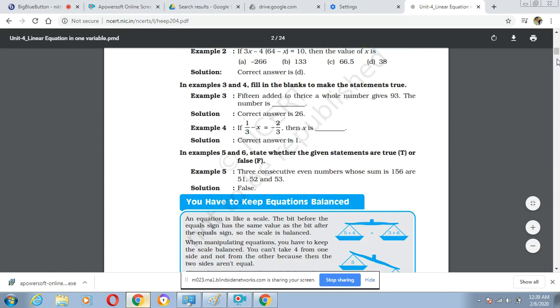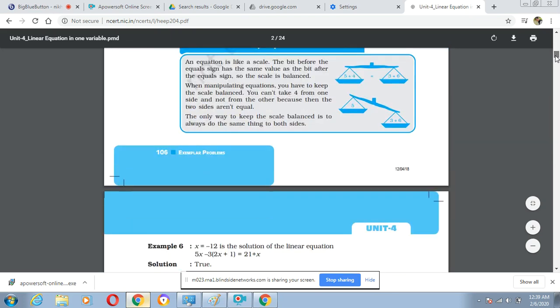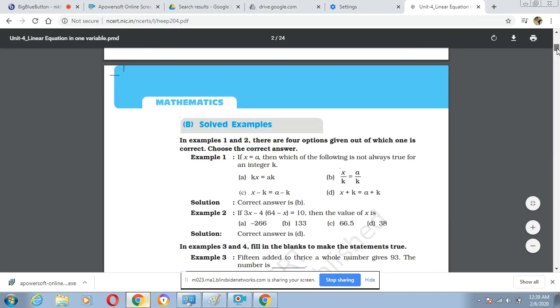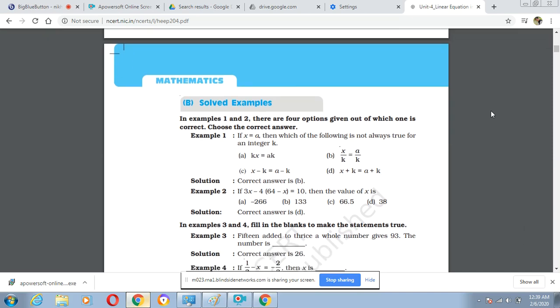Okay, take a screenshot right now. Example. Have you taken a screenshot? No, I was going to, and then you moved the page. Okay, one second.